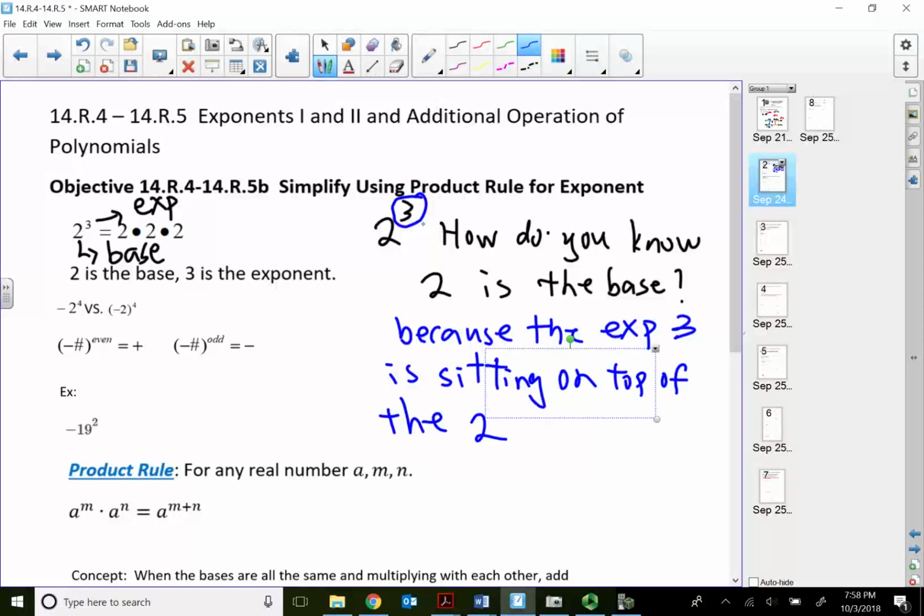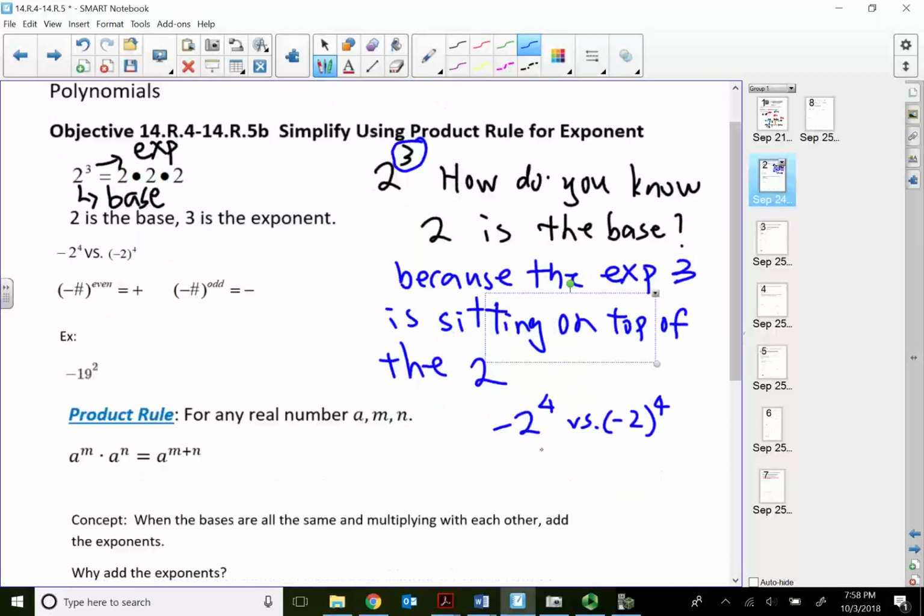So that changes the way you look at an exponent. When we read 2 to the third, in order to determine what the base is, we have to see where the exponent is sitting. The exponent 3 is sitting on top of the 2, so that makes 2 the base. So here I have negative 2 to the 4th power versus negative 2 to the 4th power. What's the difference when I write it two different ways?